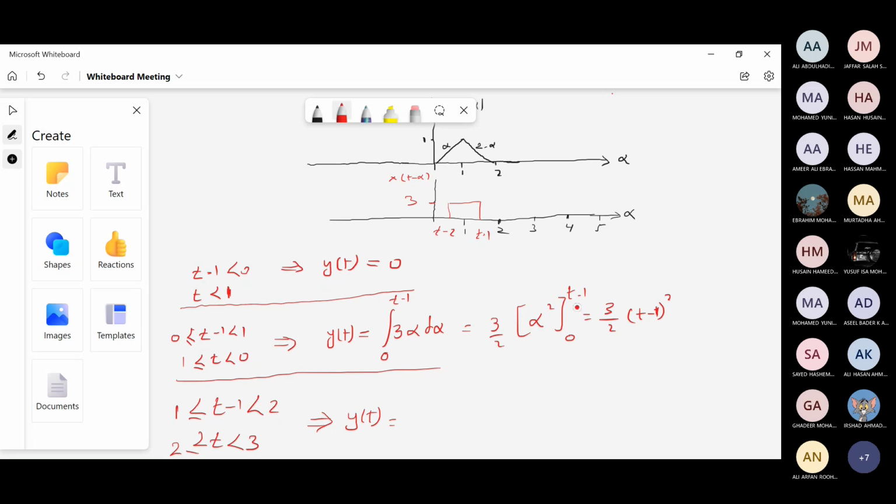The first one is the integration from t minus 2 to 1 of 3 multiplied by alpha d alpha, plus from 1 to t minus 1 of this one, again a 3, but multiplied by 2 minus alpha, d alpha.